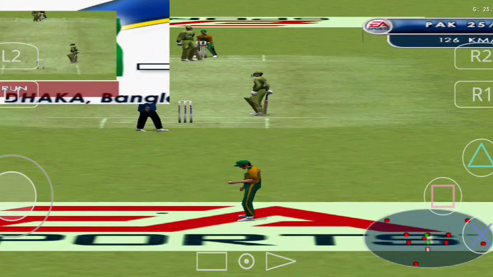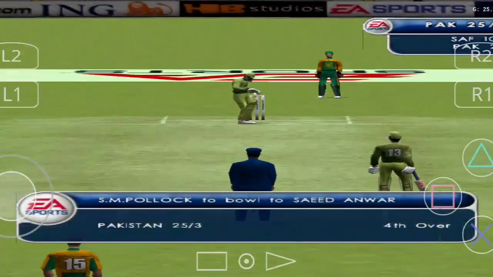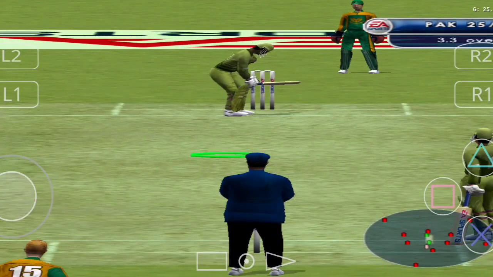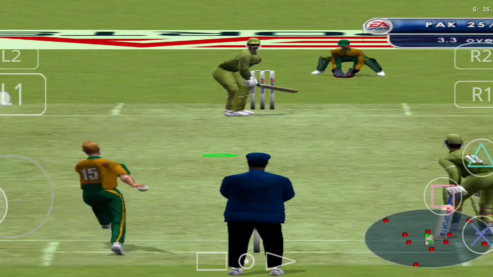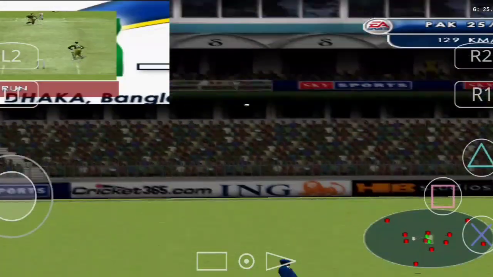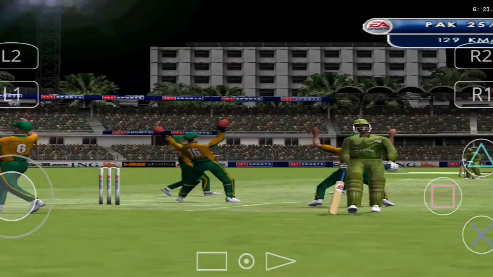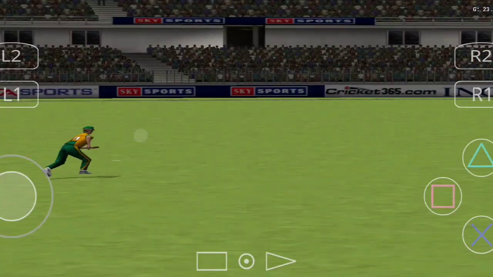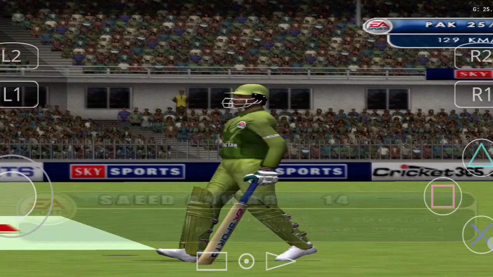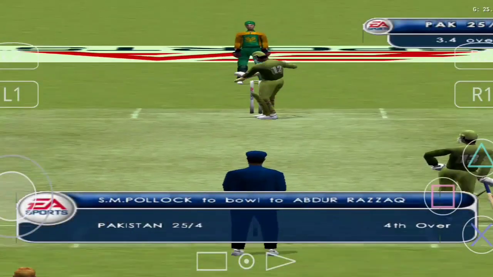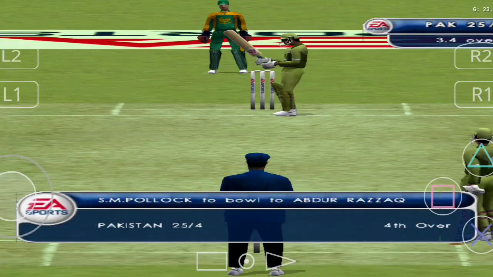Stopped by Cullinan. Expertly held. That was a really good effort by the fielder. He did well to cling onto it. Saeed Anwar makes his way back to the dressing room. Abdur Razak takes guard.